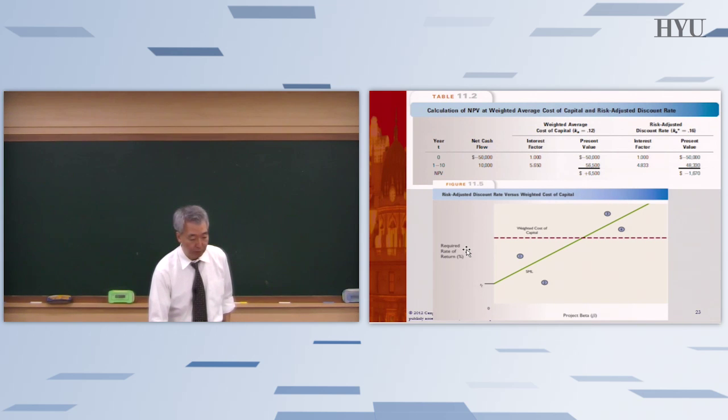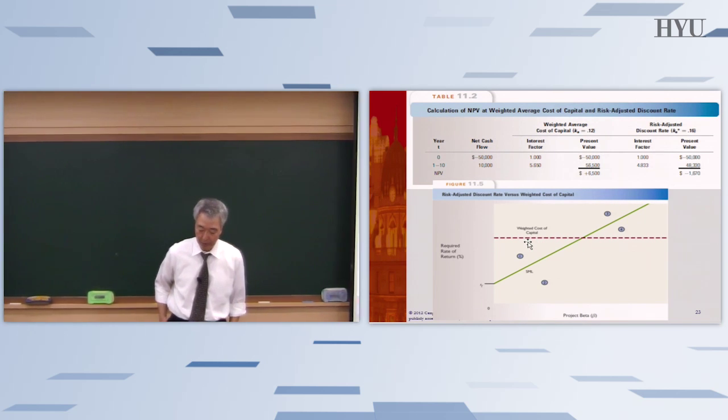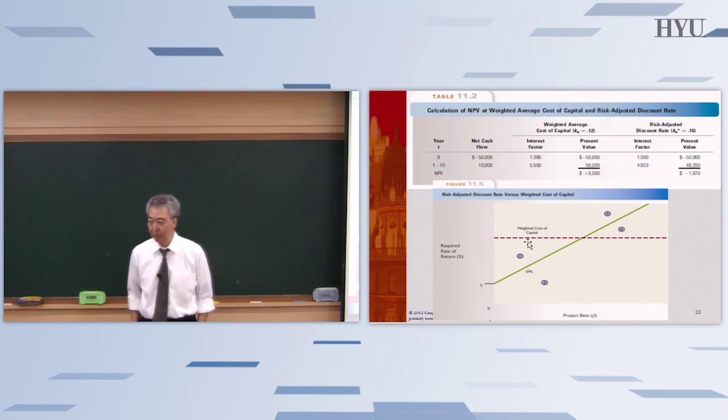And if you remember the discussion from last semester, when we discussed the CAPM, capital asset pricing model, first time, you probably remember that any projects or any investment above this green line, above the security market line, are acceptable projects, right?